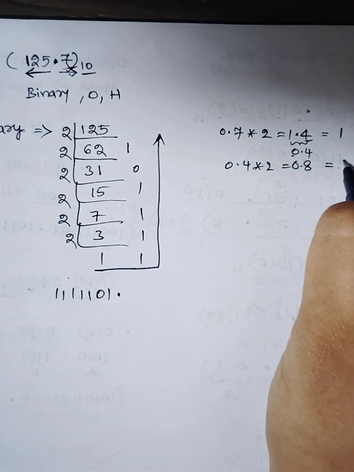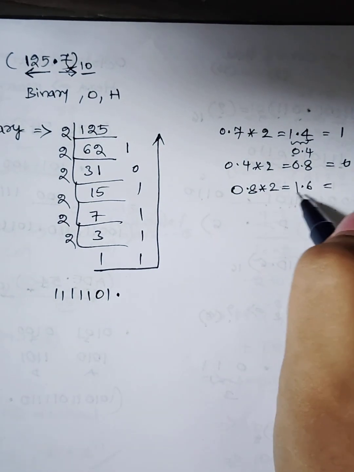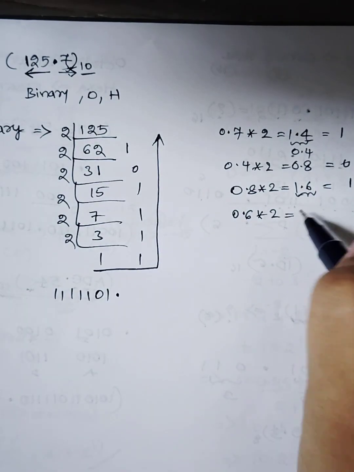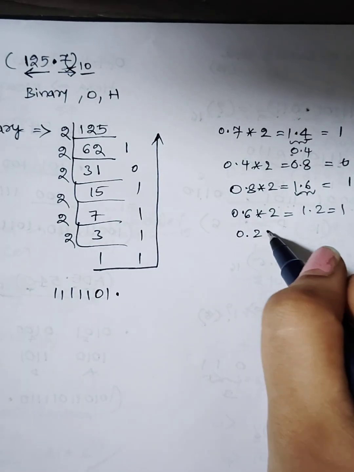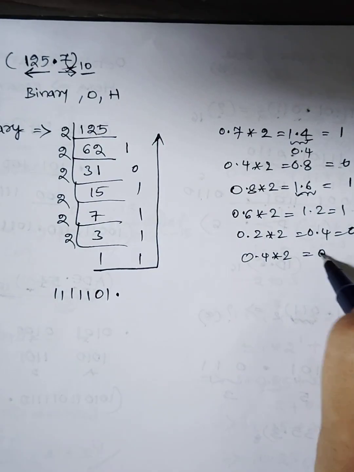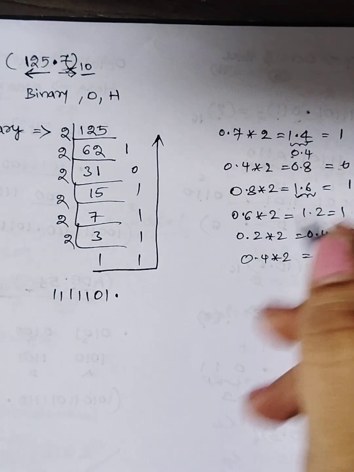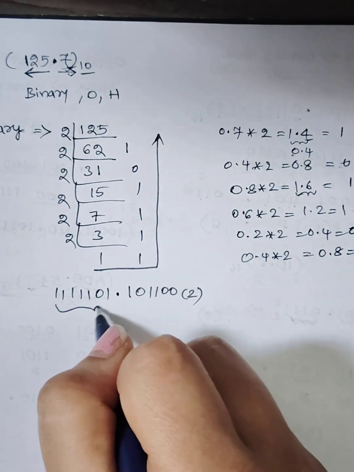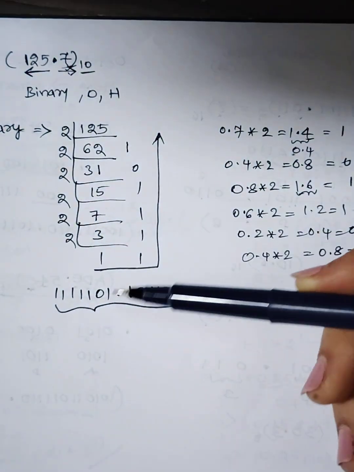This will be 0.8, floor value is 0, and consider this 0.8, it will be 1.6, and floor value is 1, and in this 1.6 you need to consider only 0.6 for the next multiplication. It will be 1.2, floor value will be 1, and 0.2 into 2 is 0.4, that is 0, and 0.4 into 2 is 0.8, that is 0. So if you consider this multiplication from top to bottom, it will be 101100. So this is the binary number if you convert this decimal number to binary.